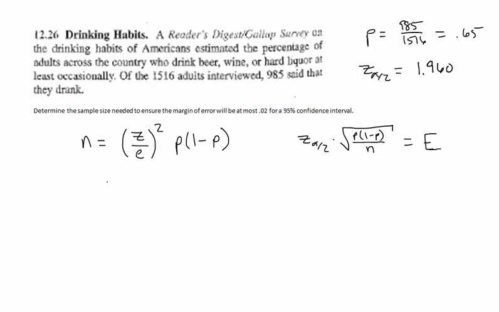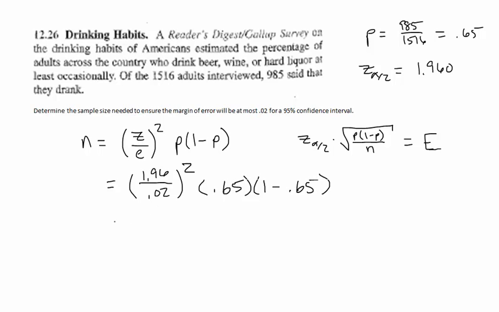So we have N is equal to 1.96 divided by E, which they want to be at most 0.02, squared times 0.65 times 1 minus 0.65.